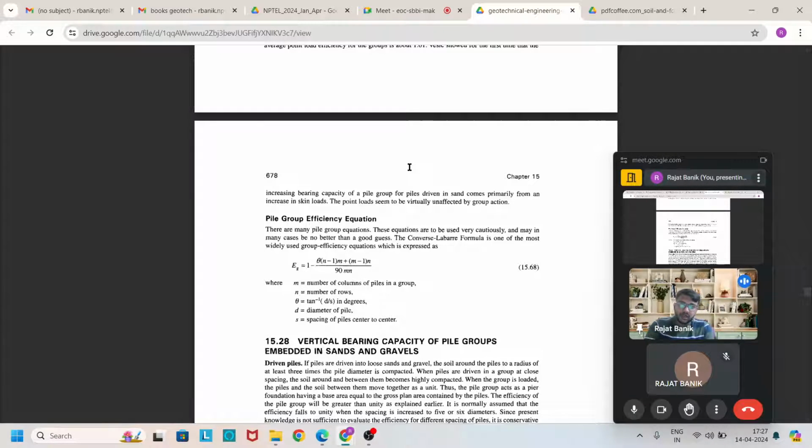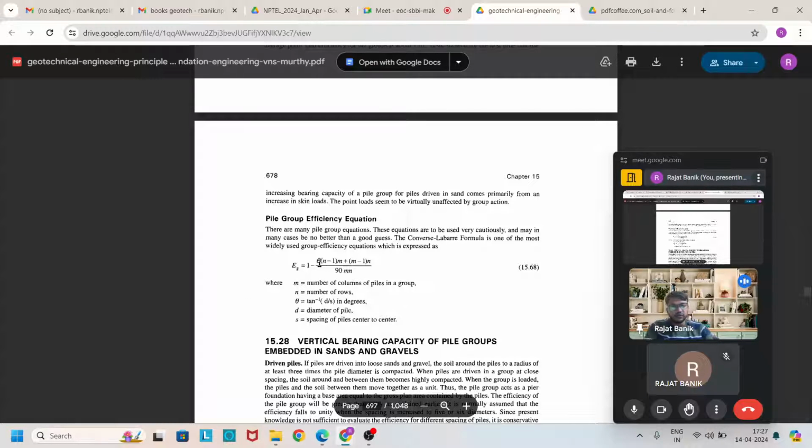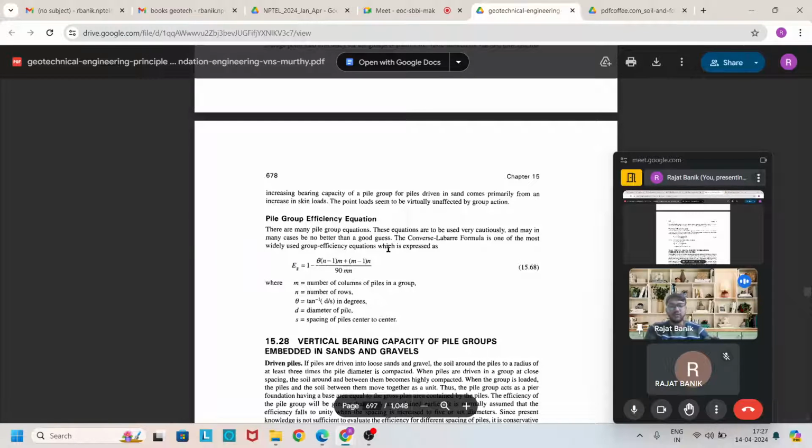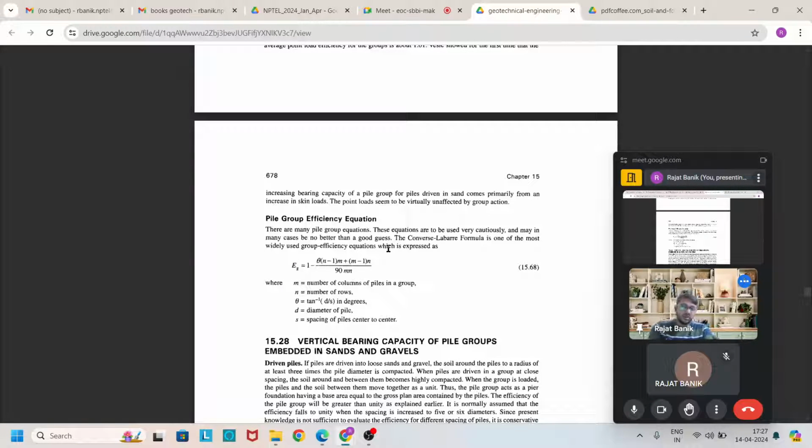D is the diameter of the pile, s is the spacing of the piles. If in an exam you are asked to find out the efficiency by the Converse-Labarre equation, the formula is 1 minus theta into (n minus 1)m plus (m minus 1)n divided by 90 m n.